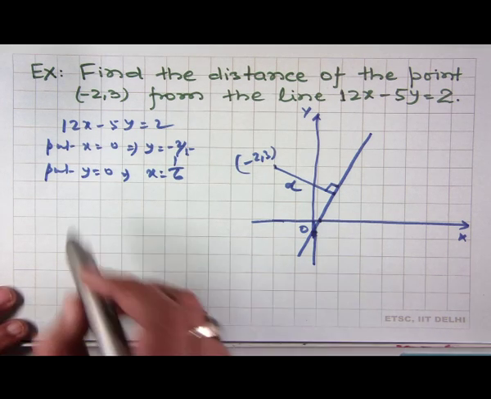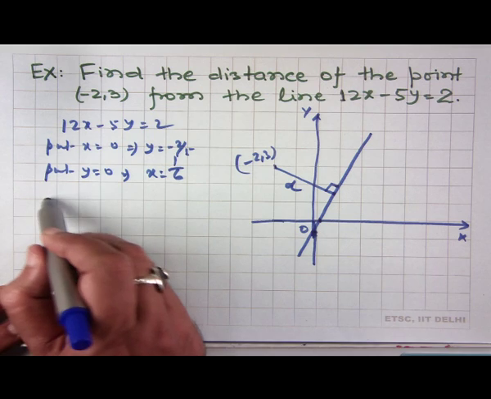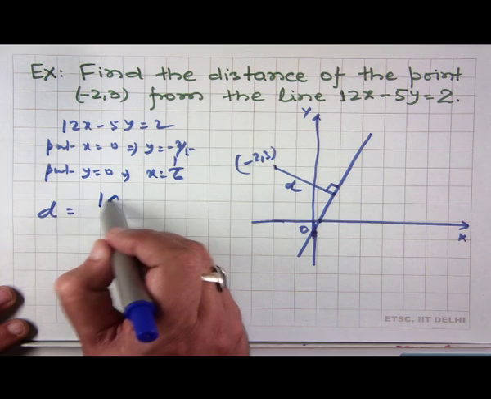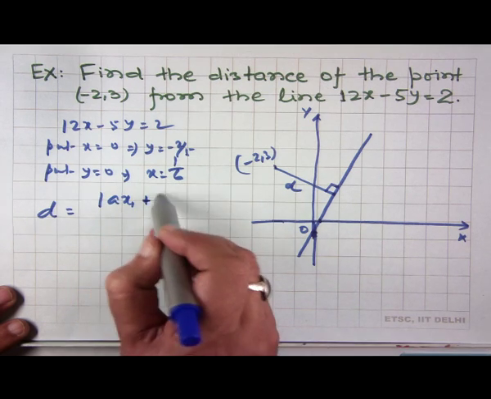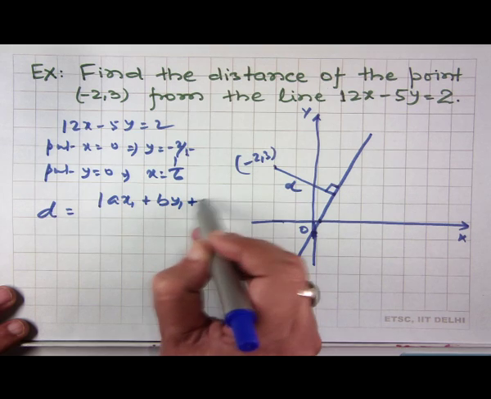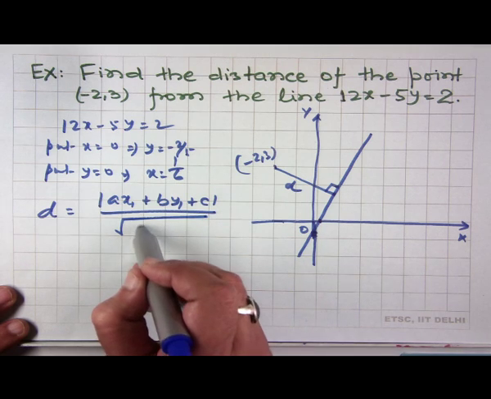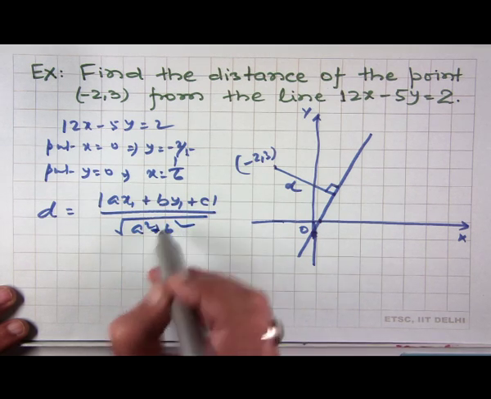So, use the formula D is equal to mod AX1 plus BY1 plus C by square root of A square plus B square.